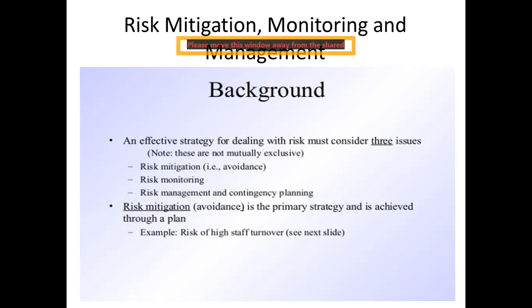And what is the background? Here there are three issues, and we are going to concentrate on those issues. The first issue is risk mitigation, the second is risk monitoring, and the third is risk management and contingency planning. So what is risk mitigation? Risk mitigation is nothing but avoidance.